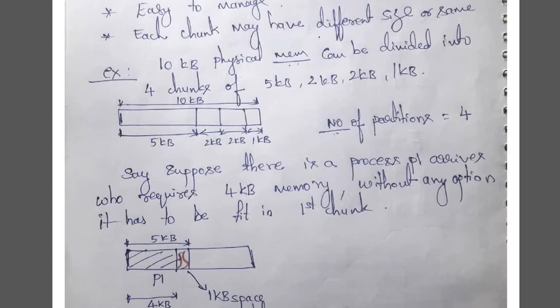Without any option, it has to fit in the first chunk, because the first chunk has a memory size of 5 KB, which is greater than the requested memory size. Since it is possible to fit here, you can just fit it.